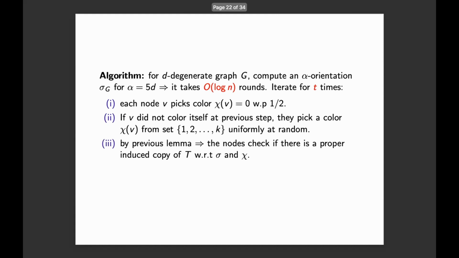Then we iterate the following step T times: each node v picks color 0 with probability 1/2, and if not, it picks a color from the set 1 to k uniformly at random. By the setting of these two steps, we can check if there's a proper induced copy of T with respect to such a coloring by the previous lemma.